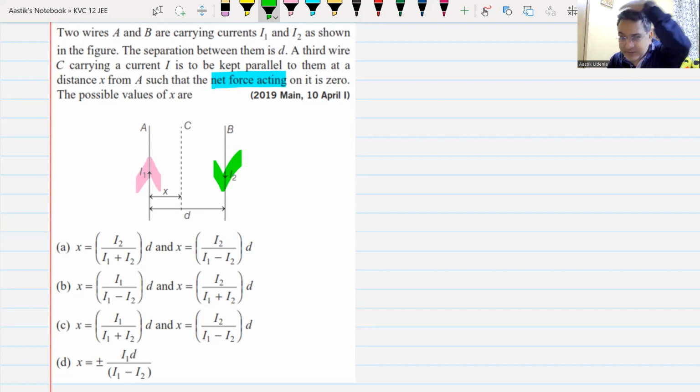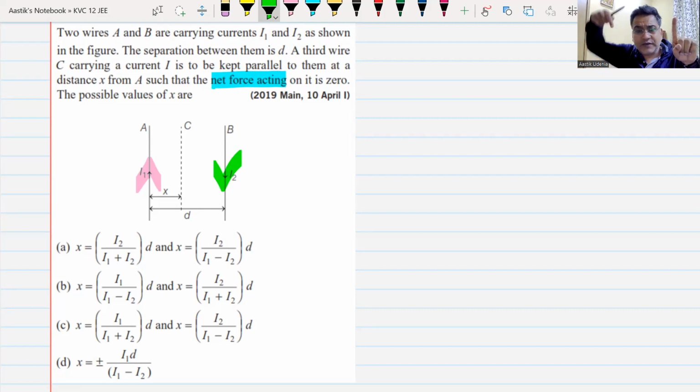Now, you must understand here that both the wires carry current in opposite directions. Yes or no? Yes, sir. What I wanted you to understand is, where will the magnetic field be zero?